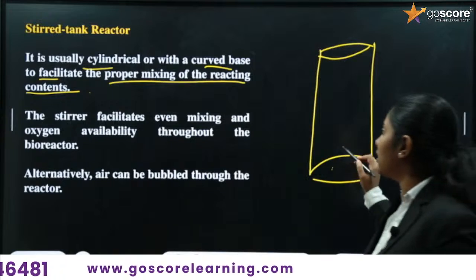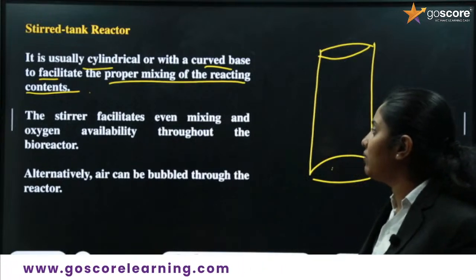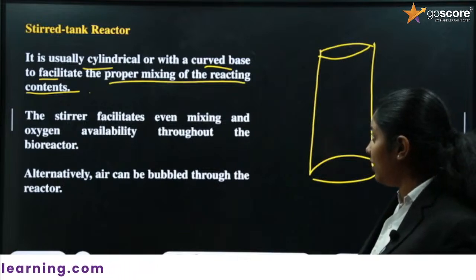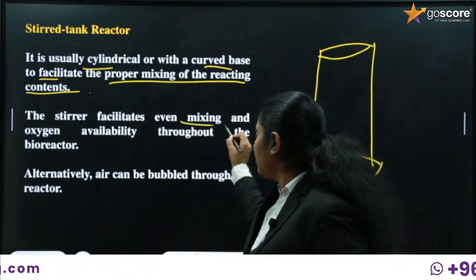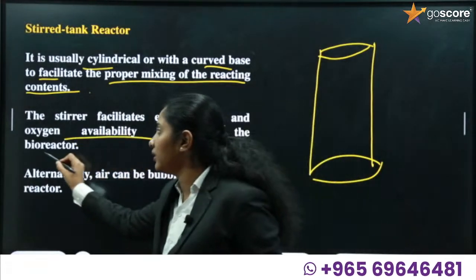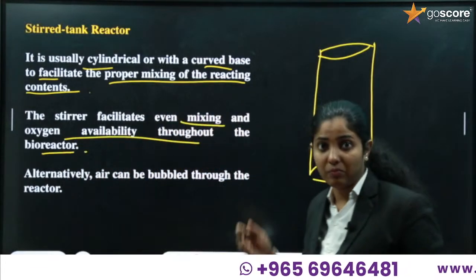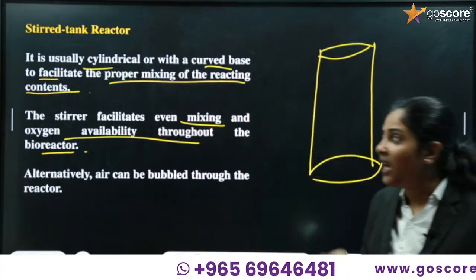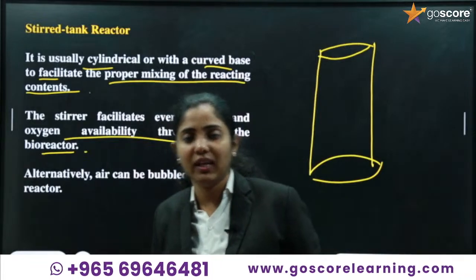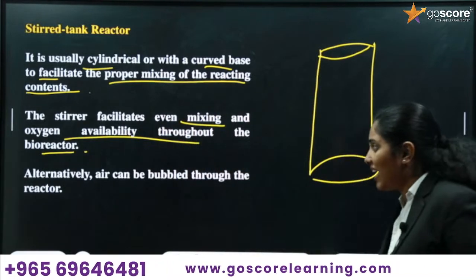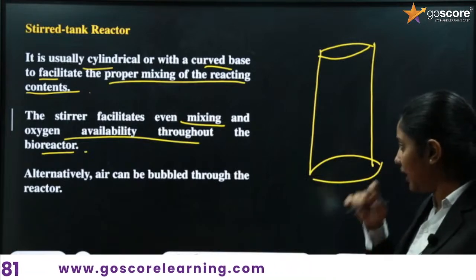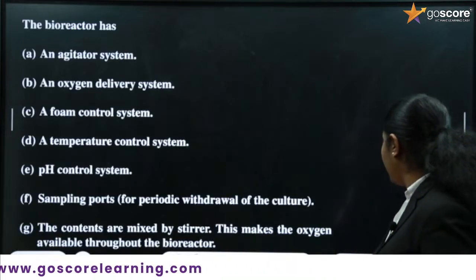And a stirrer will be present, facilitating the mixing and oxygen availability throughout the bioreactor. What is the speciality of the stirrer present inside this bioreactor? It helps in the mixing and oxygen availability for the reactants to be converted into products. Alternatively, air can be bubbled through the reactor.